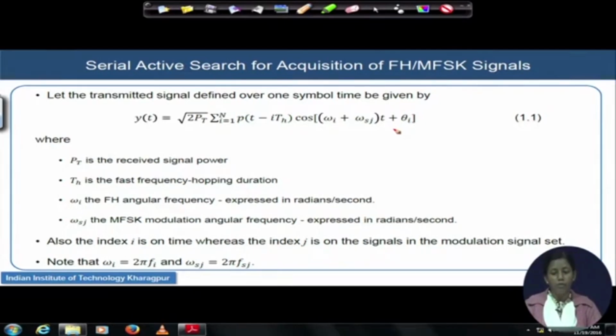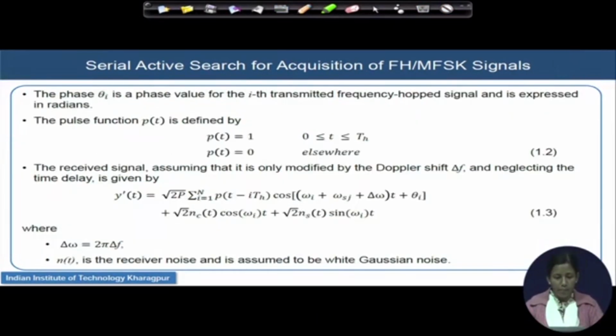That's why theta is also varying with respect to your hopping index i. And the expressions for your omega_i and omega_s, as I expressed, should be equal to 2 pi f_i and 2 pi f_sj. So this is a signal that has entered into the front end of the receiver, and this is actually the signal transmitted also from the transmitter.